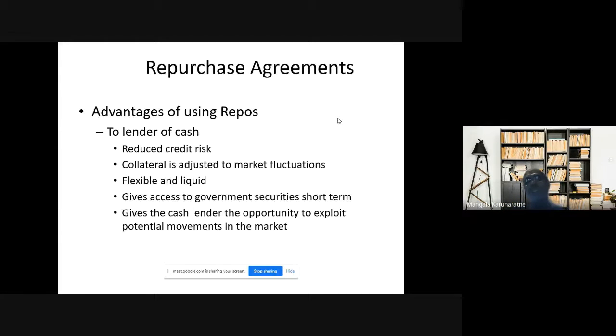So flexibility of investing in different periods is there, and also highly liquid. It gives access to government securities short term. I mentioned this earlier also. You can have an overnight repo and have government securities overnight, and that takes you back to the earlier point, a highly liquid asset, and flexibility is there.